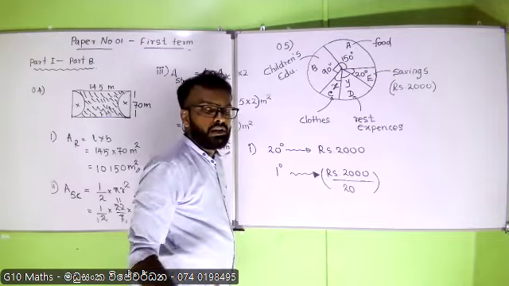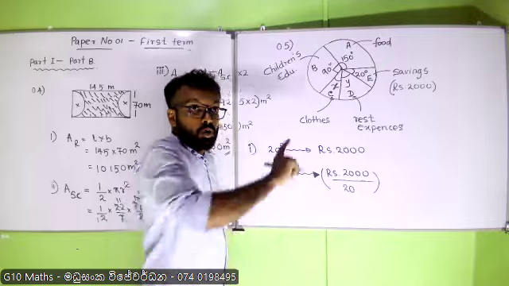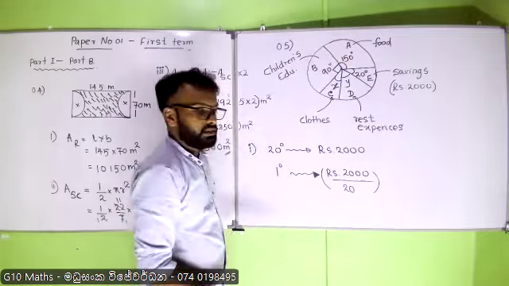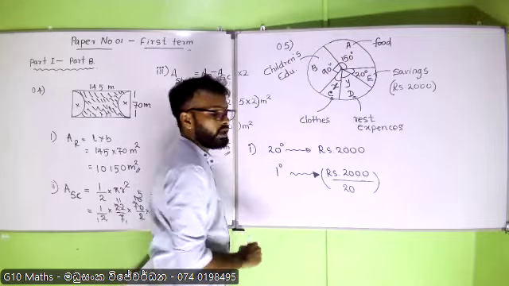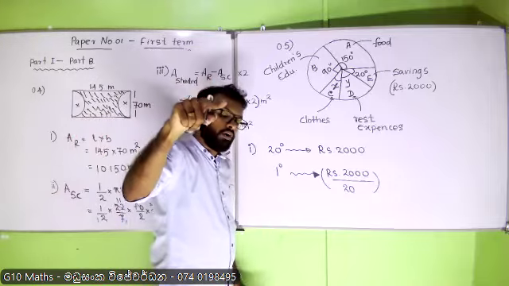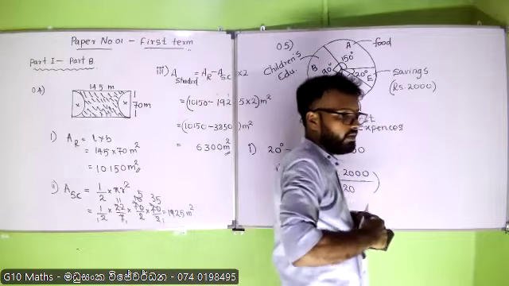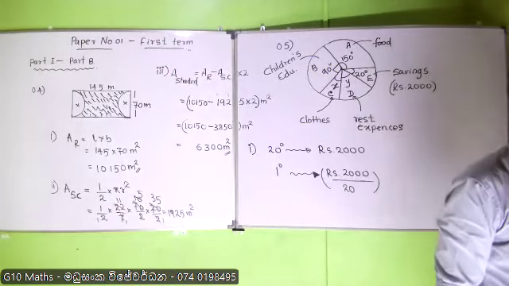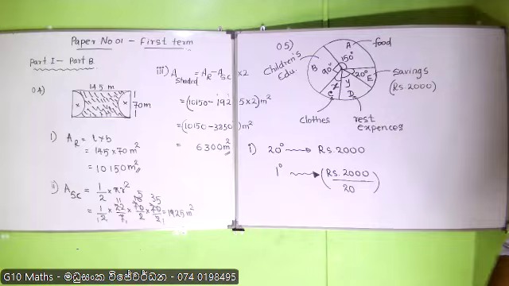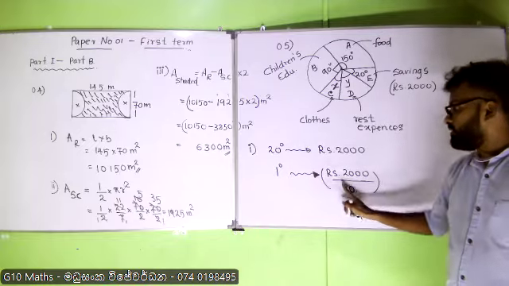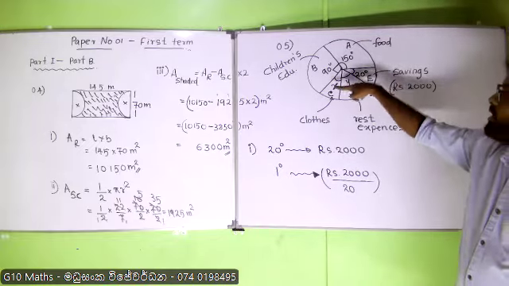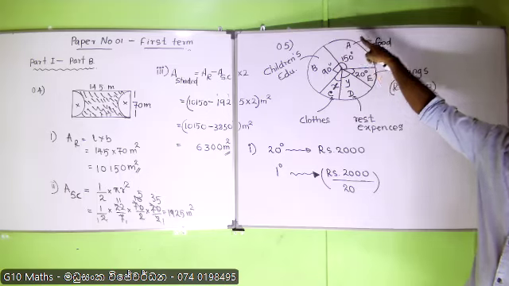How are we going to find the total earnings then? 1 degree is this much. When you are finding the total, what is to be done? Total earnings is this full circle.